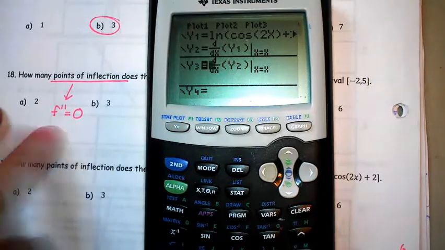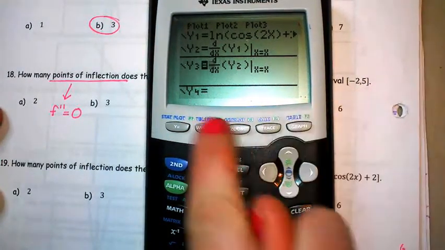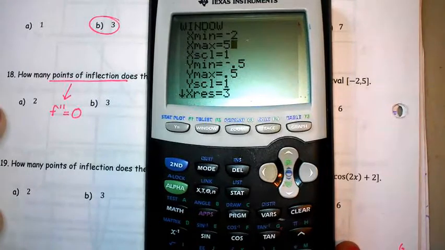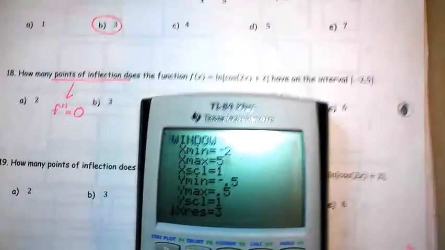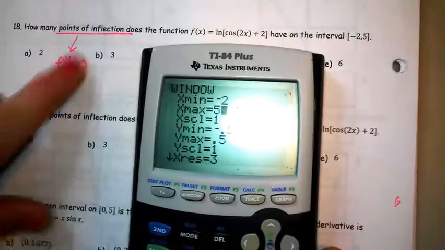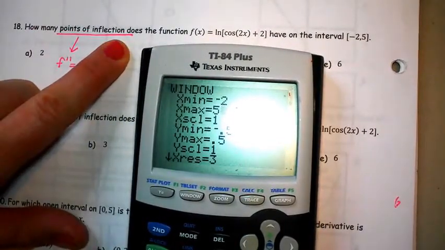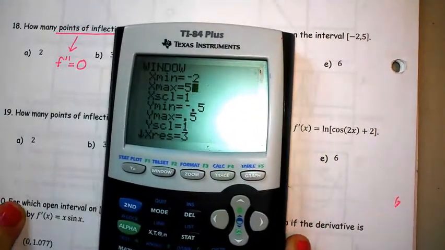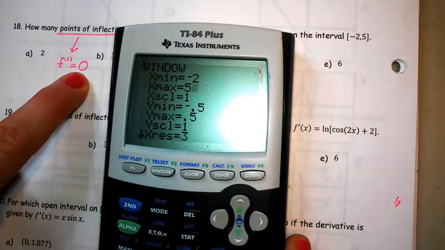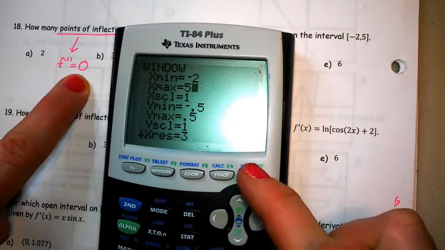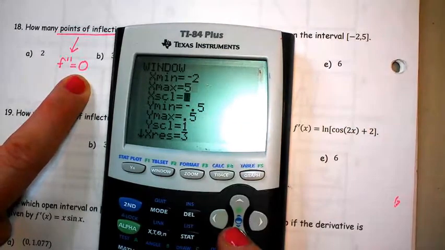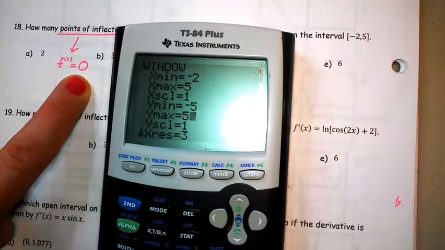I am given a domain restriction of -2 to 5, so I'm going to go to my window and change my x's from -2 to 5. Let me read what the question says a little more carefully: how many points of inflection? So I'm going to be counting, when I hit graph, how many times this second derivative crosses the axis or is 0. My y min and max are pretty small from last time, so I'll pick -5 to 5.